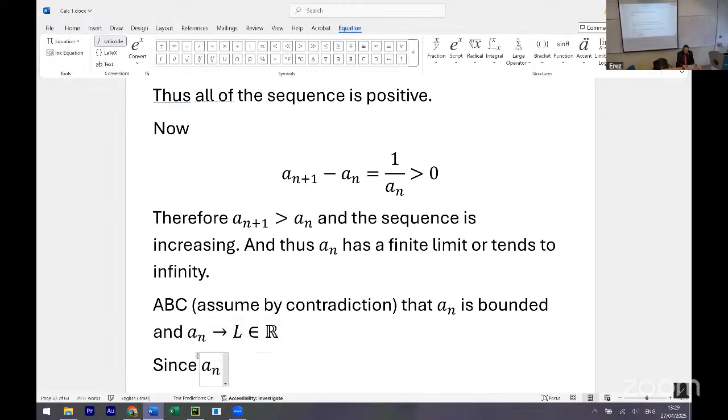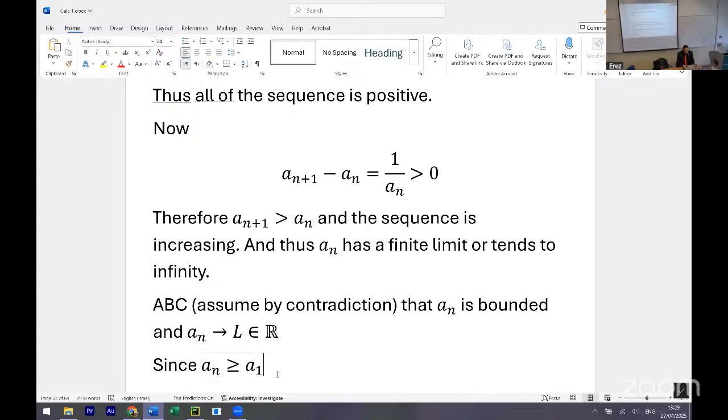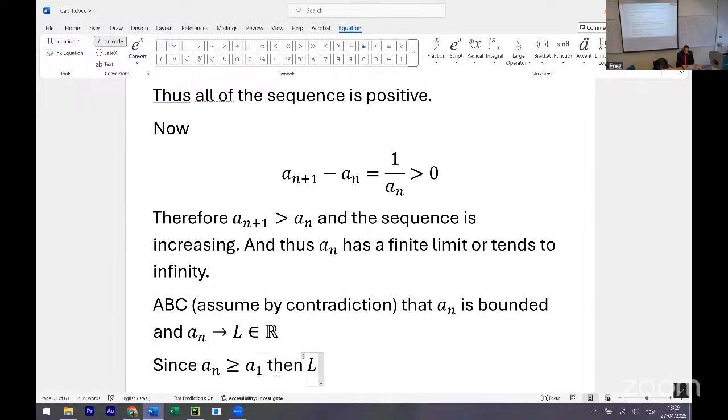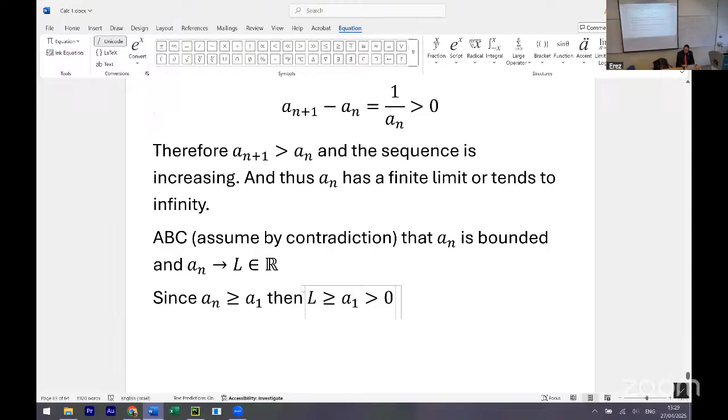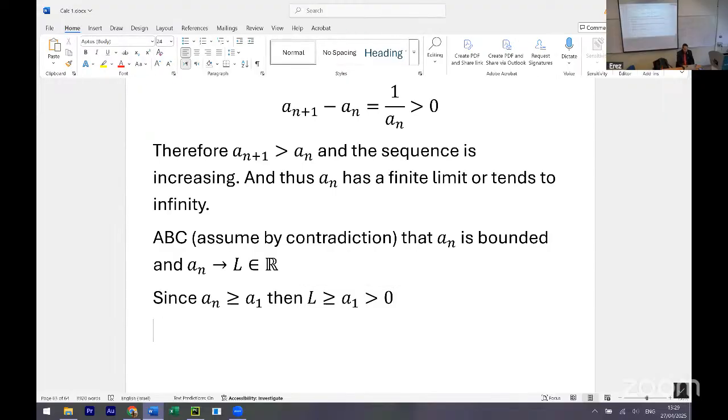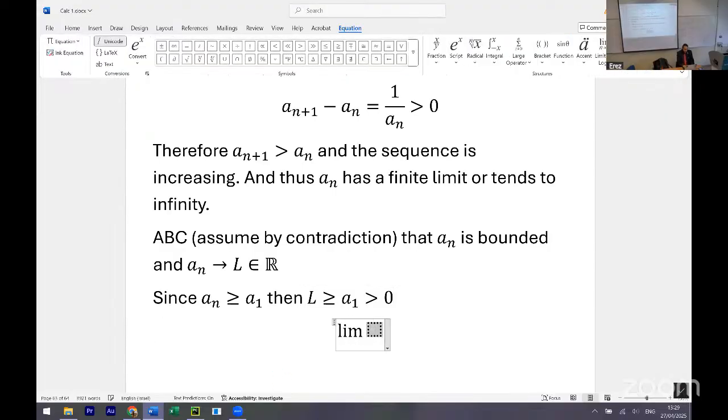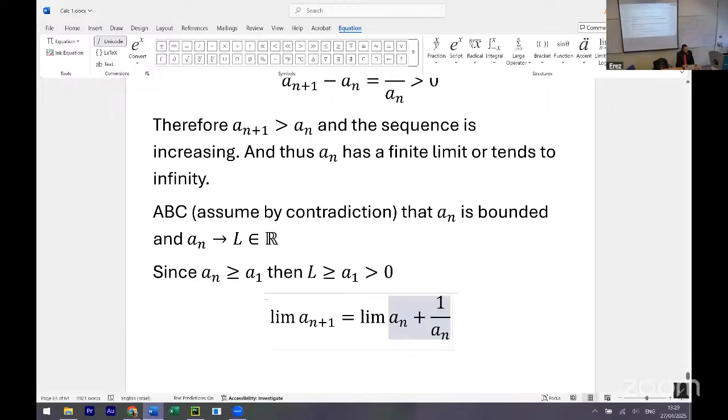Since AN is always larger than or equal to the first element, then L is larger than or equal to the first element, which is larger than 0. Now, the limit of AN plus 1 is equal to the limit of AN plus 1 over AN, because they're equal terms.